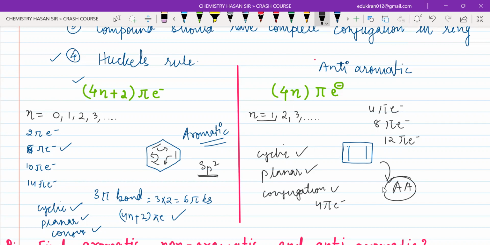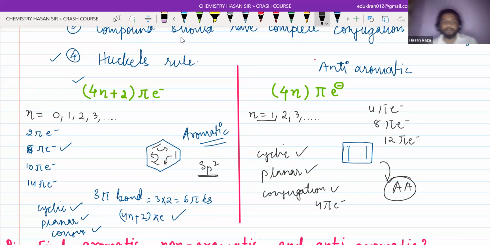Can you explain anti-aromatic again? Anti-aromatic. See, you have 4 conditions. The first one is that it should be cyclic. Anti-aromatic and aromatic are the same for the 3 rules: cyclic, planarity, conjugation. This is in conjugation. The fourth rule is the Huckel rule. If its pi electrons follow 4n plus 2, then it is aromatic.